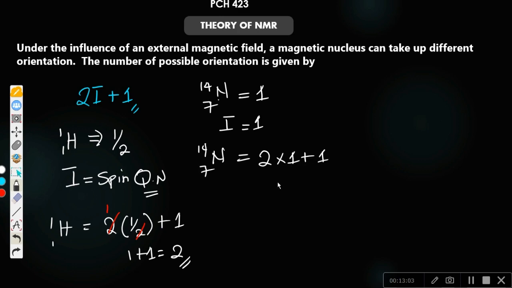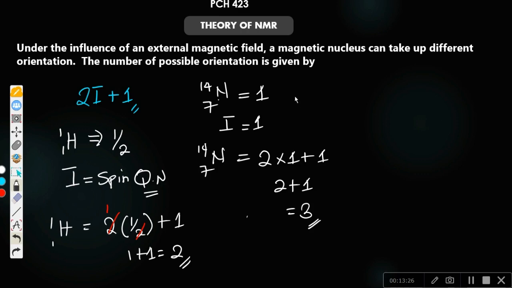So 2 times 1 is 2, plus 1, and this will give us 3. So the possible spin orientations for nitrogen is 3. Same thing is applicable to deuterium. Deuterium has I equals 1. The possible spin orientation is also 3.